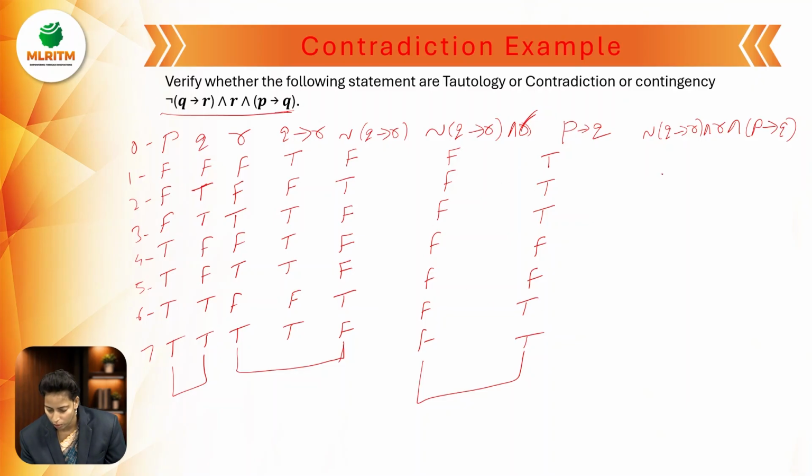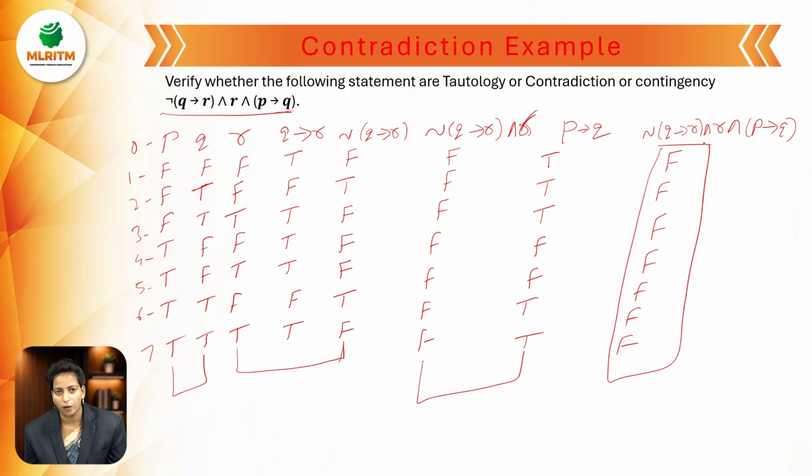Otherwise it is false only. False, false, false, false, false, false, false. So observe the last column, all are false. A compound proposition which is false for all possible truth values is called a contradiction. Therefore, it is a contradiction.